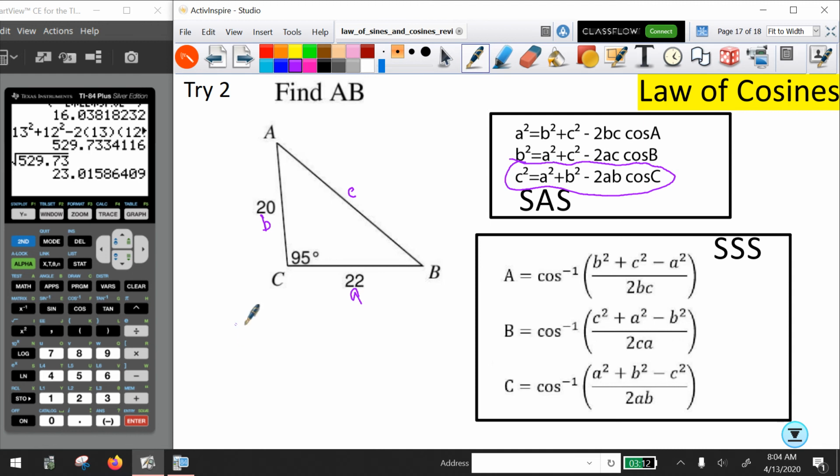And we got c squared is equal to a squared plus b squared minus 2 multiplied by a multiplied by b multiplied by the cosine of angle C. I'm going to type that in our calculator.